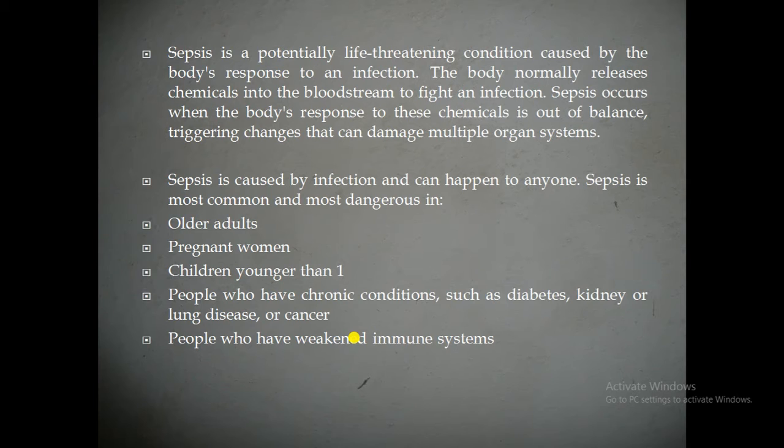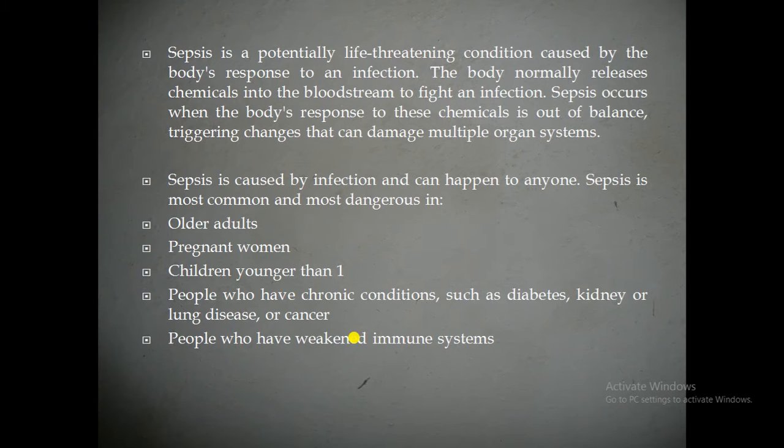What is sepsis? Sepsis is a life-threatening condition which is caused because of an infection. So how does sepsis occur? Normally in the human body, to not have any infection, chemicals are released into the bloodstream. A certain amount of chemicals are released to prevent infection.